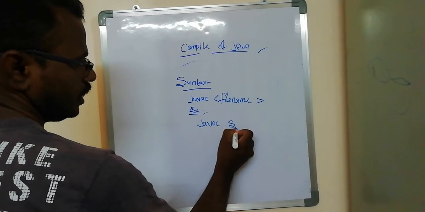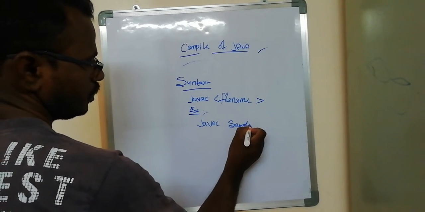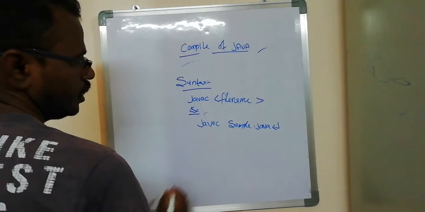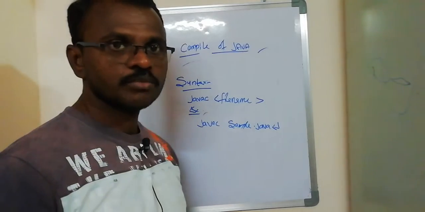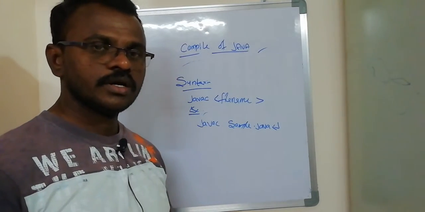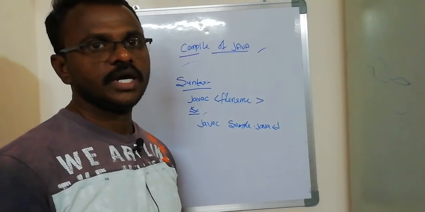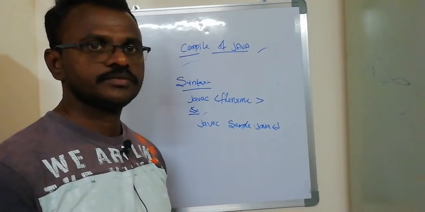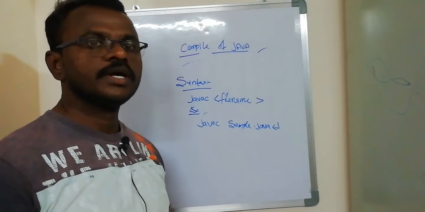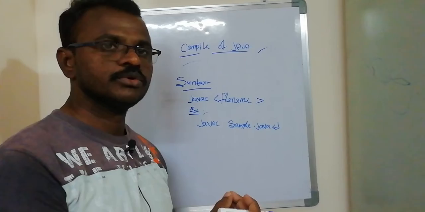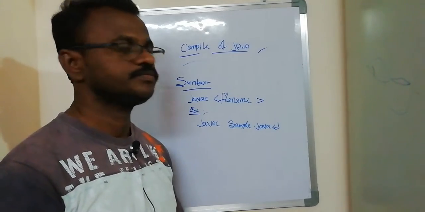For example, javac sample.java. Whenever you press enter, it checks the compilation process. If there is a compilation error, it gives an error message. If there is no error in this file, the file is converted into bytecode format.